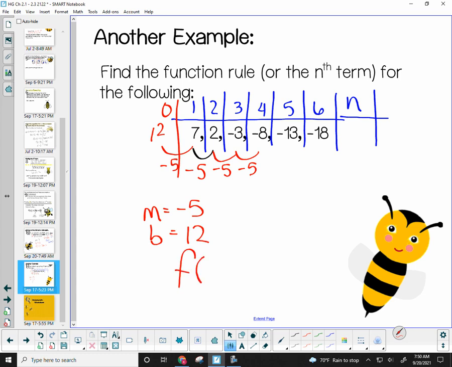So f of n is equal to what? -5n, or x, whichever you'd like to use, plus 12. Is that okay? So that's the third section.